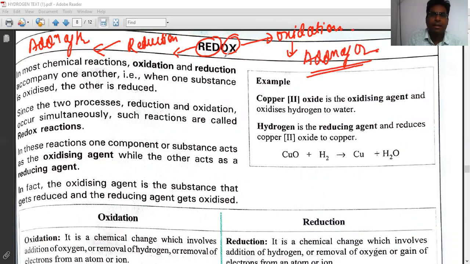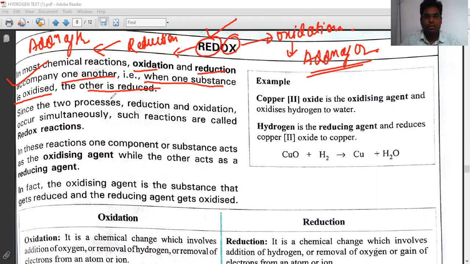The reaction in which both these processes occur simultaneously is called a redox reaction. In most chemical reactions, oxidation and reduction accompany one another. When one substance is oxidized, the other is reduced.